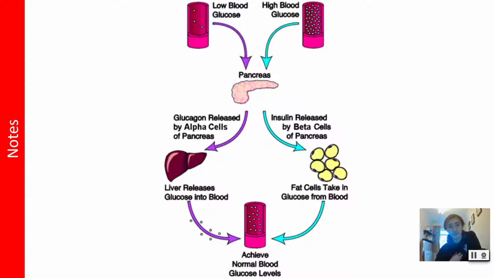So the pancreas can detect when there is a high blood glucose and it releases insulin. And that goes around your blood and it goes to cells all around your body and it causes them to take in glucose and store it as a chemical called glycogen.